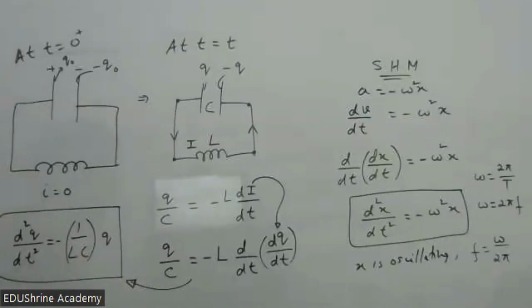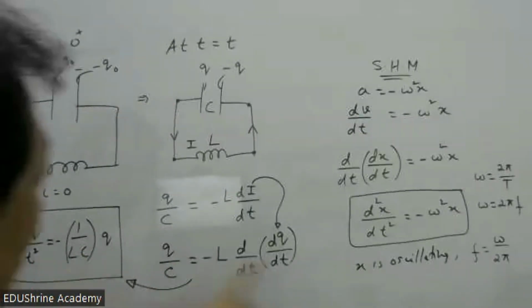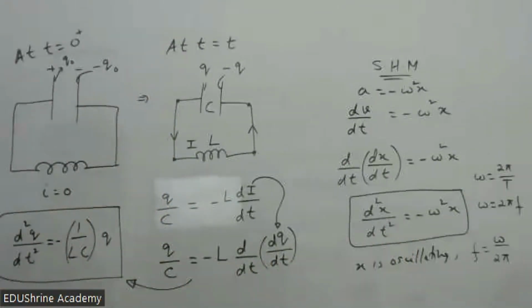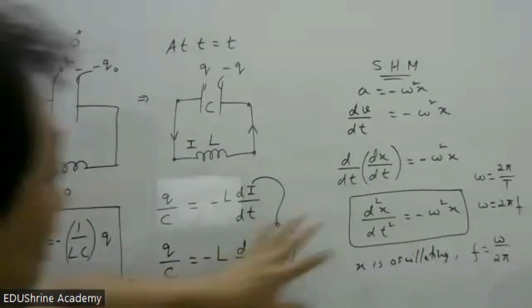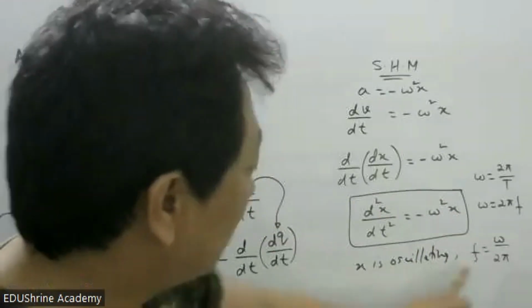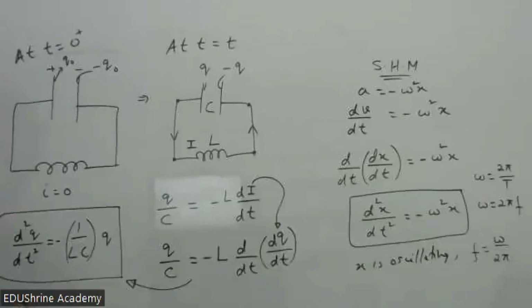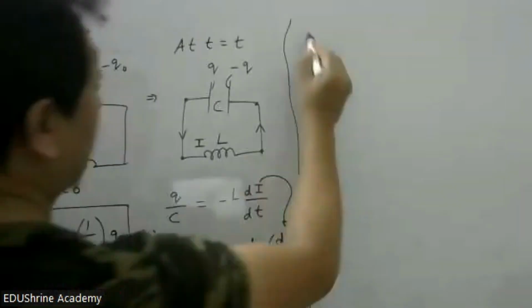Did you see something very fascinating between this and this? Charge is oscillating. Yes, very good. So just like here, X oscillates with frequency omega by 2 pi, here this equation shows. So first you write till here, then I will write.